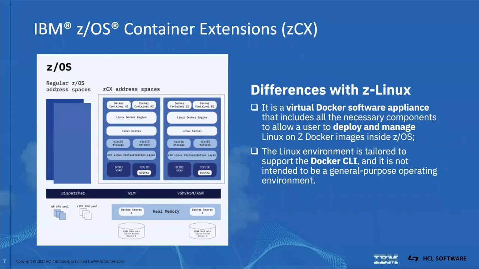So it's lighter than a whole zLinux system. Remember that this Linux environment is tailored to support the Docker command line, and it is not supposed to be a general purpose operating environment. So you cannot use it as a normal standard zLinux environment.